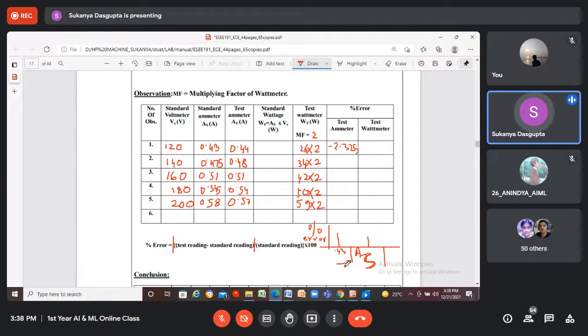Yes, you will write minus, and here exactly at 0.43 we'll draw a line whose magnitude is 2.32.